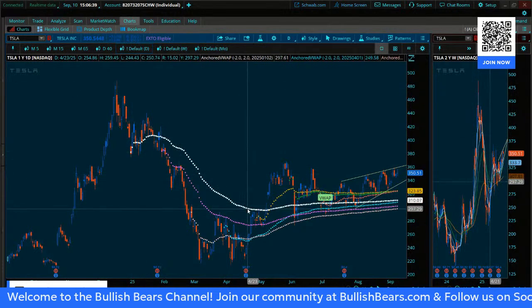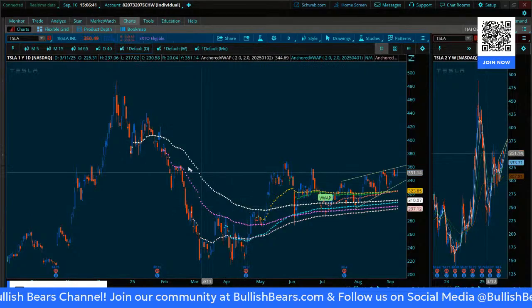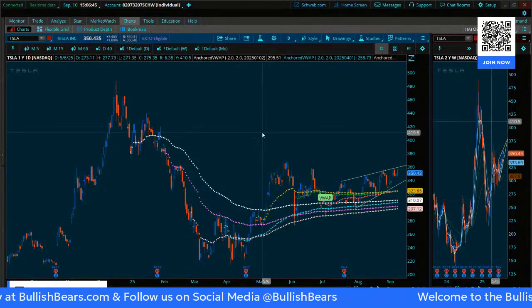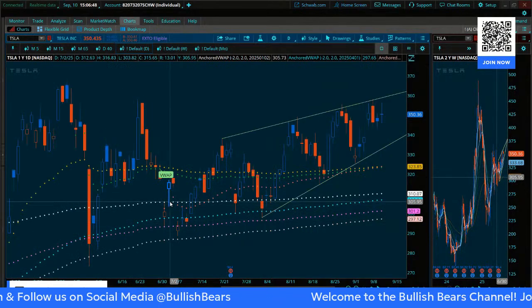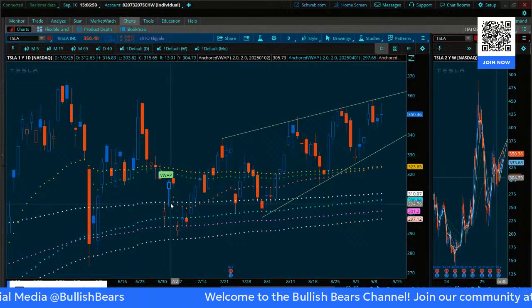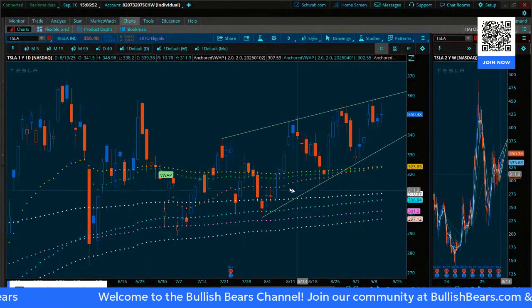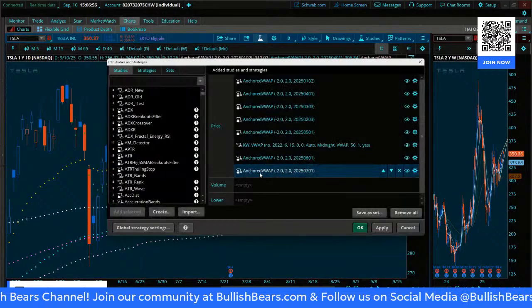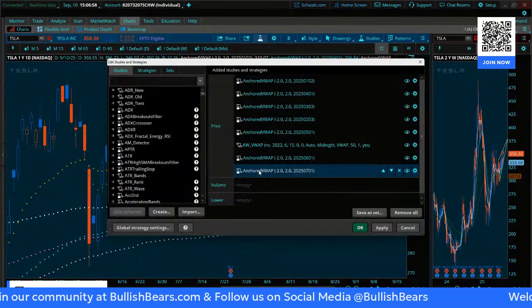So the white one is the year to date anchored VWAP. And then we've got February, March, April, May, and so on. Obviously, I'm missing a couple. It stops in July. I don't have August and I don't have September. But I just keep this chart saved. Then when I want it, I bring it up.